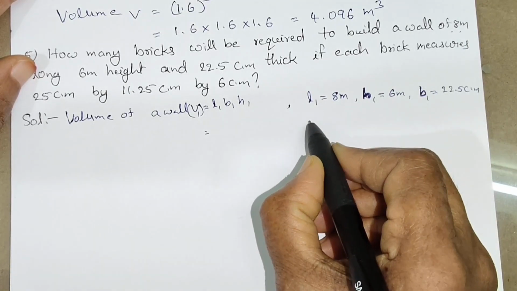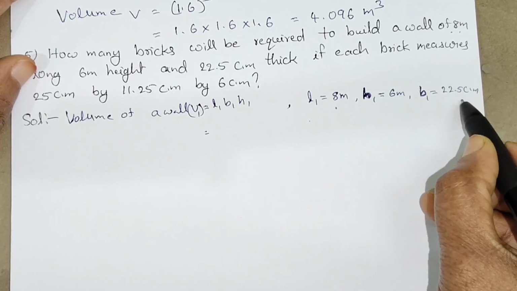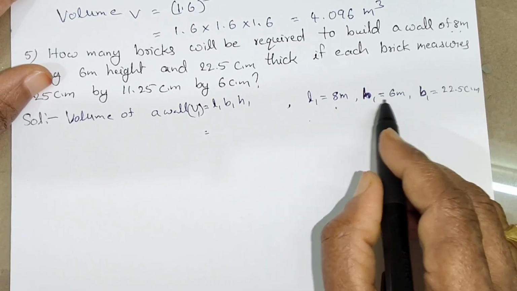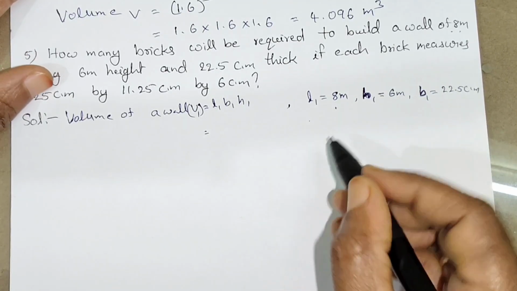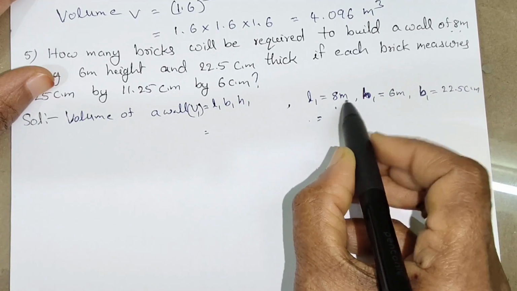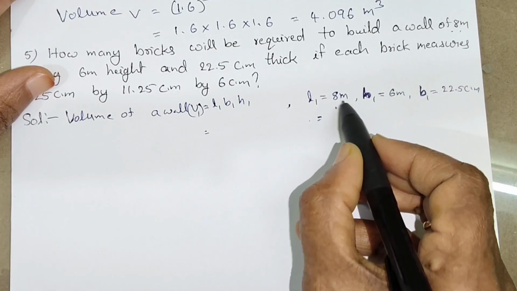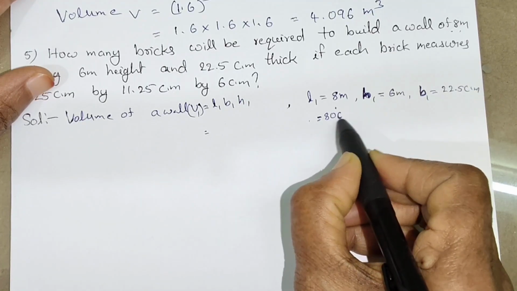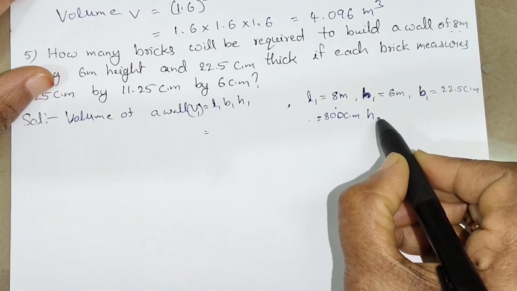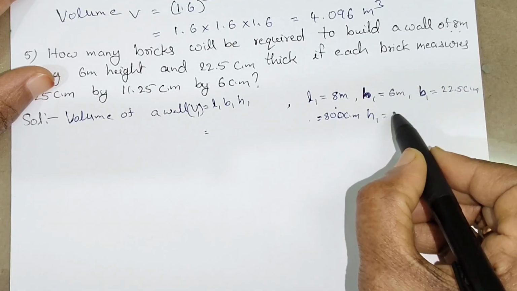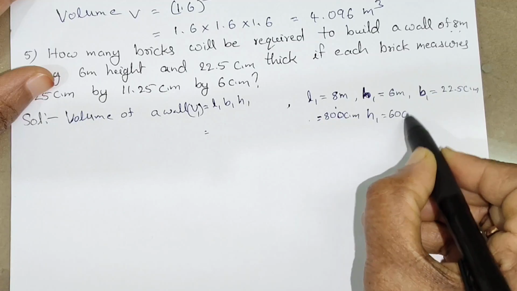Now two of these are in meters and one is in centimeters, so we convert them into centimeters. 8 meters is converted into 800 centimeters, and the height 6 meters into 600 centimeters.